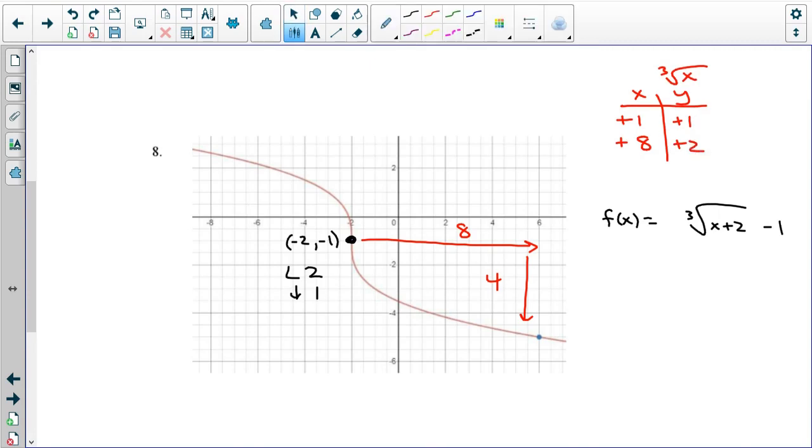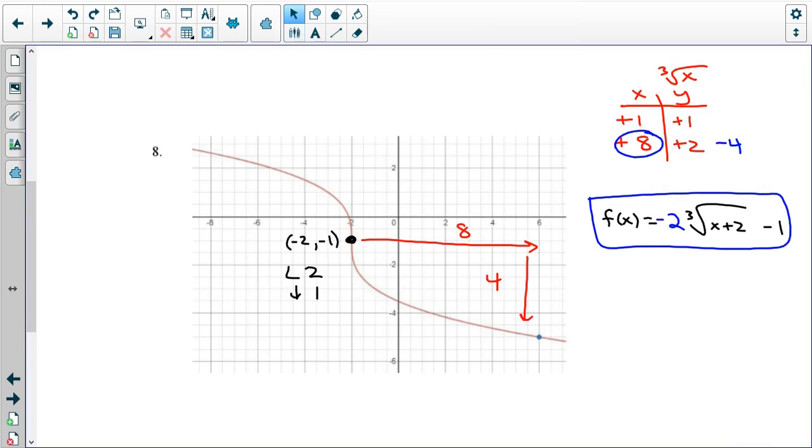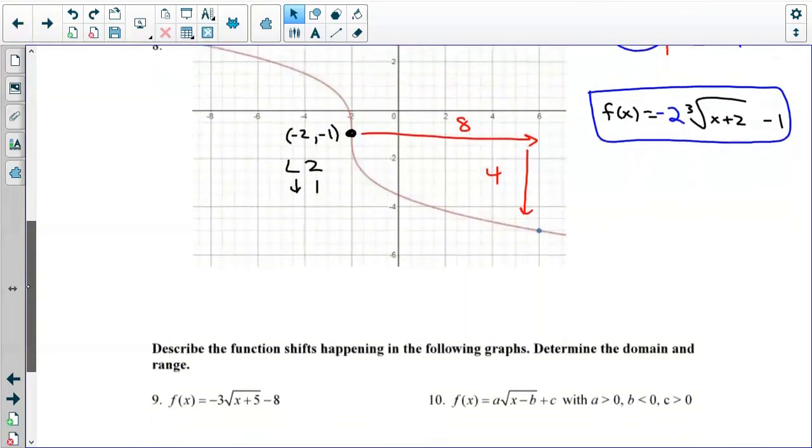Well, in this case, when I go over 8 on my graph, I'm actually going down 4. So that means I'm getting this whole thing multiplied by -2. My vertical stretch is -2. That means my function is f of x equals -2 times the cube root of x plus 2, minus 1. Left shift 2, down shift 1, vertical stretch 2 with a flip. So that's why it's -2.